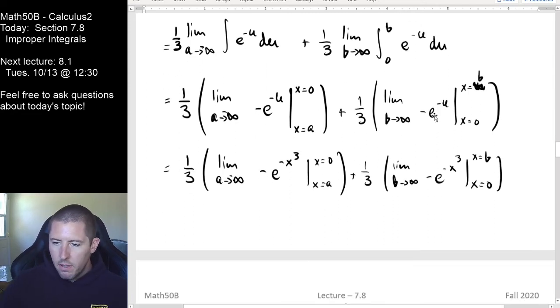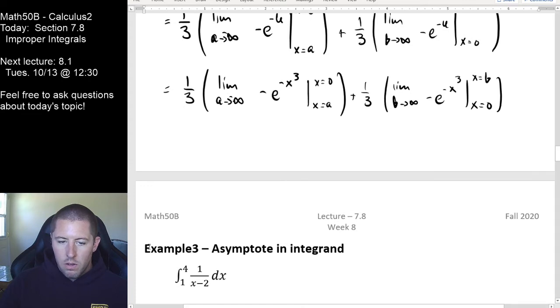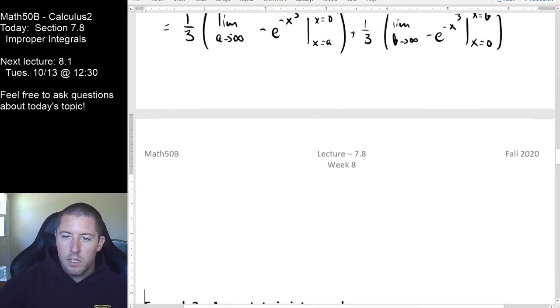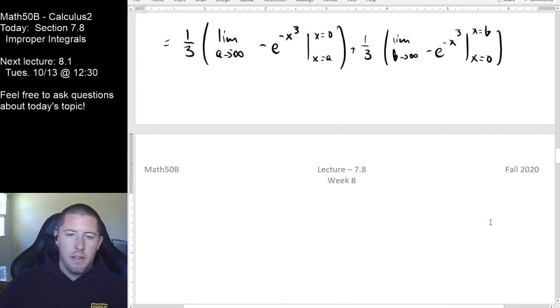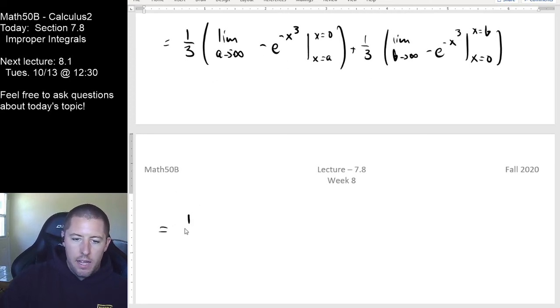Losing track of my infinities here. All right, so it looks like we are ready to make some action happen on this guy. So I am seeing here our left half and our right half. On our left half over here, I'm going to be getting 1/3 of the limit as a goes to negative infinity. And by the way, notice I'm also popping out a negative on each of these.